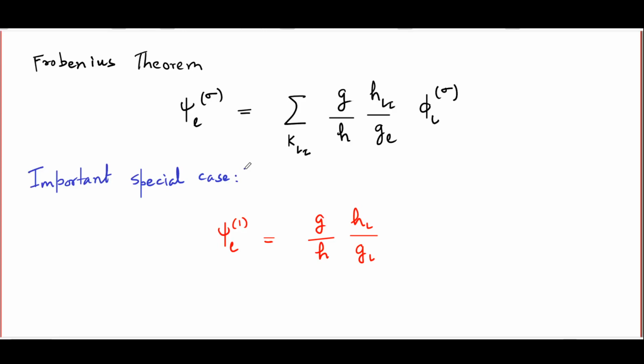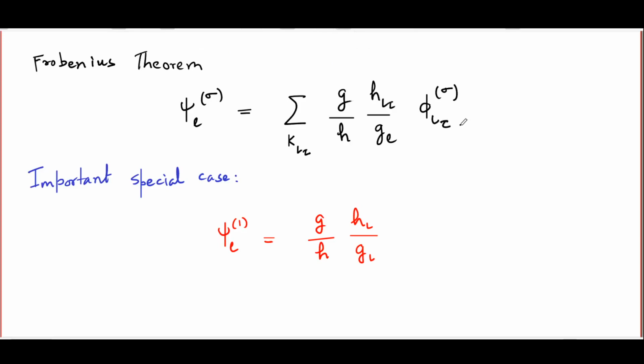And what you add up is the ratio G by H of the orders of the two groups. When you multiply this by HL tau by GL, here HL tau is the number of elements in the class KL tau of H, and GL is the number of elements in the nth class of G. And finally you multiply this by phi L sigma, that is the simple character corresponding to the L tauth class, actually.